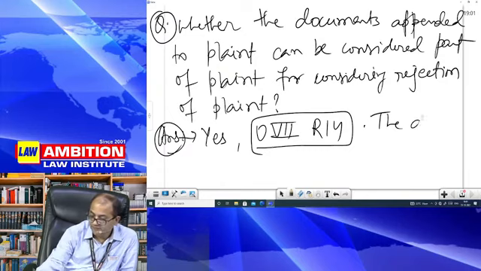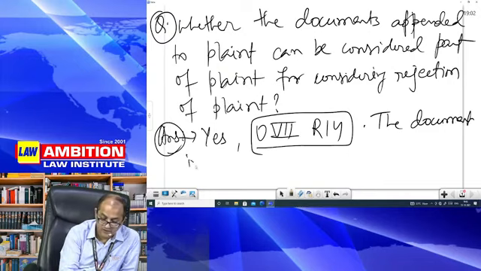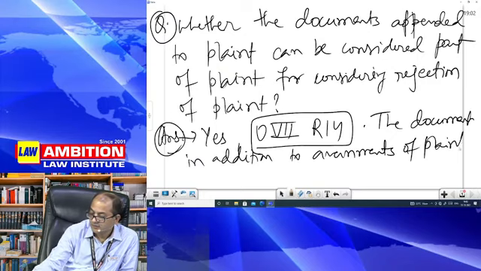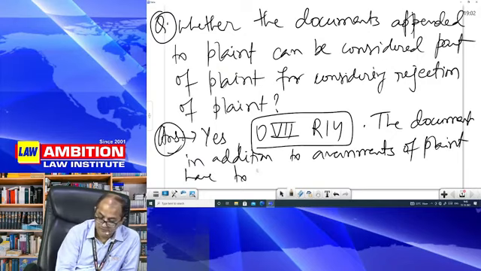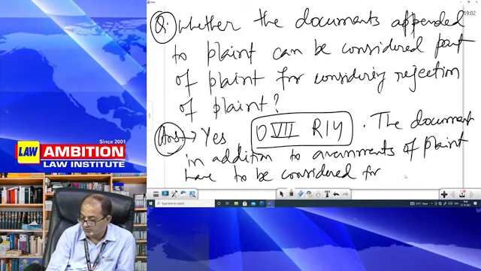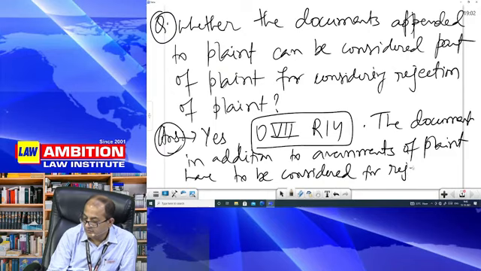So I will say the documents, in addition to the averments of the plaint, have to be considered for initiation of proceeding on the plaint, for rejection of the plaint.